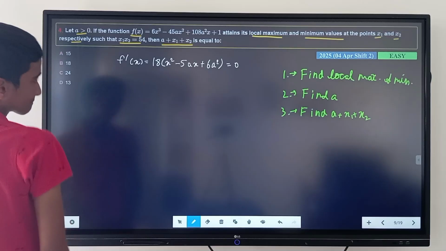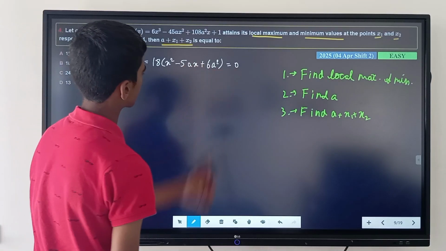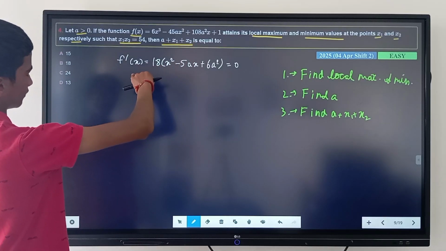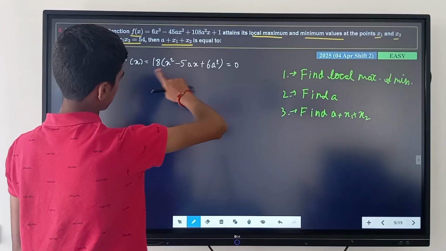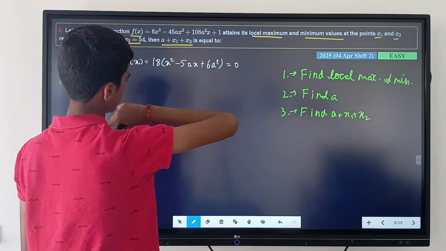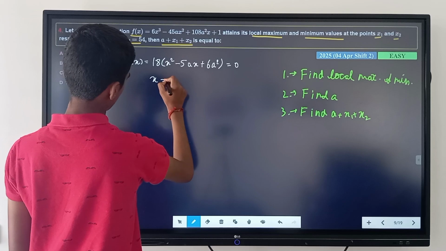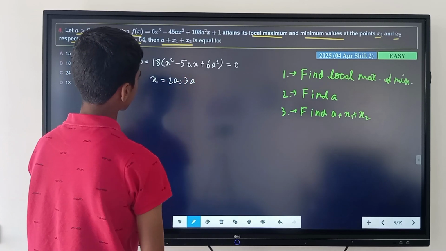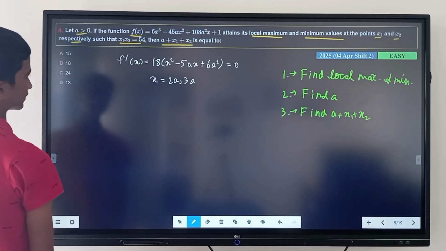Now the roots for this quadratic equation will be x is equal to 2a comma 3a. Let me check it again. Yes, x is equal to 2a comma 3a.